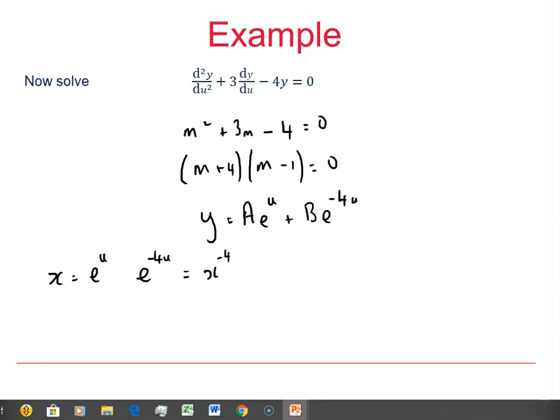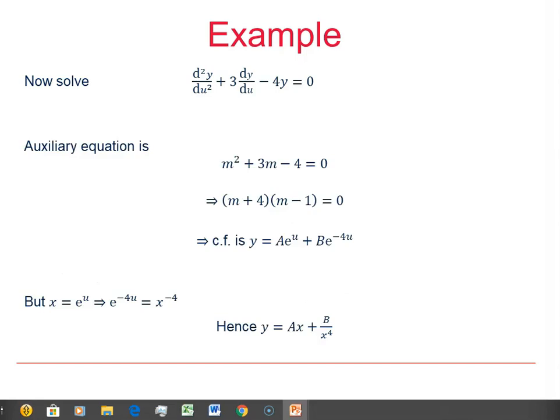So we have the equation, therefore, y is equal to a e to the u, which is ax, plus b e to the minus 4u, which is bx to the minus 4, or b over x to the power of 4. There it is, fully written out.